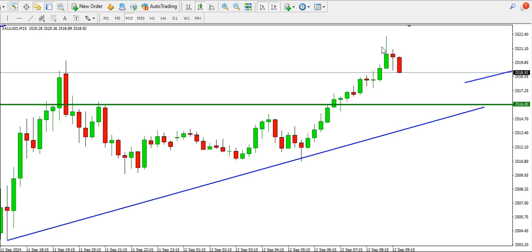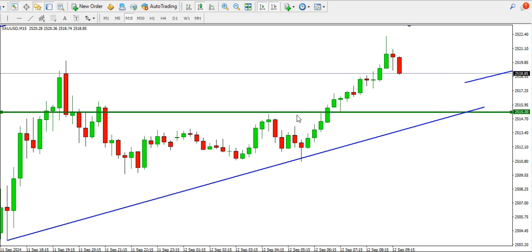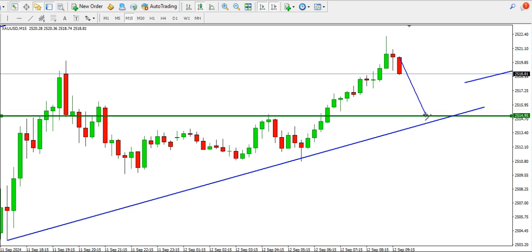So we might see a higher low somewhere around here, or somewhere at this particular resistance area might give us the point where price finds support. Price might find support at this resistance. You might see price being supported around here before pushing to the upside.